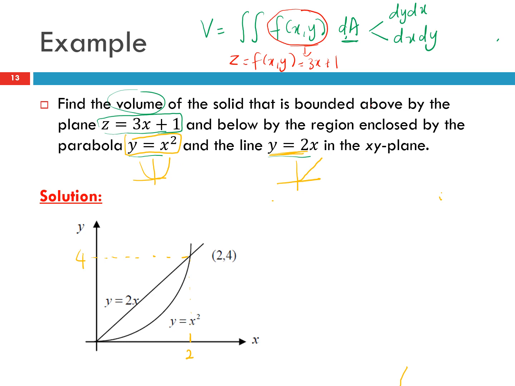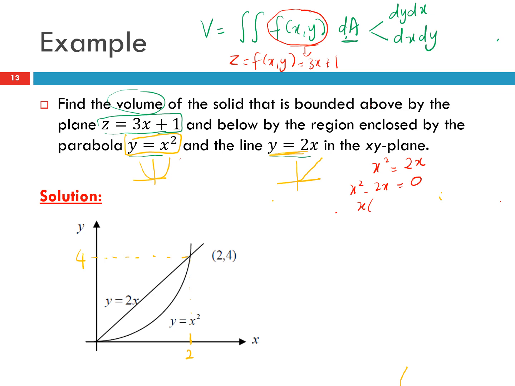So how are you going to find these two? Okay, from where do you get these two actually? This one is actually the intersection between these two equations. So you will have x squared equal to 2x. If we rearrange, you will have x squared minus 2x equal to 0.